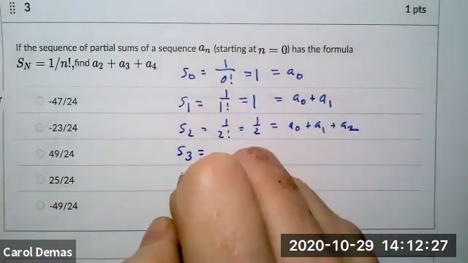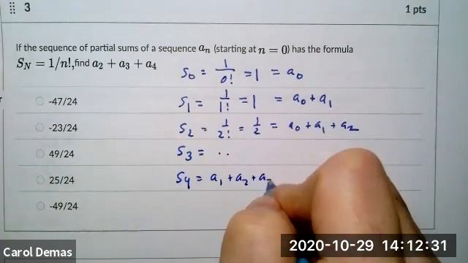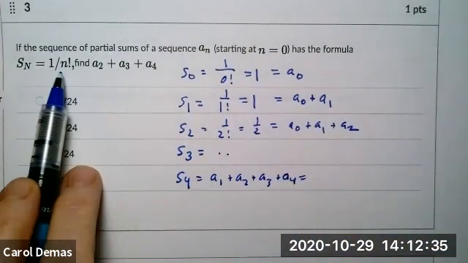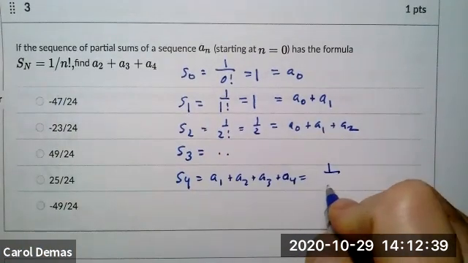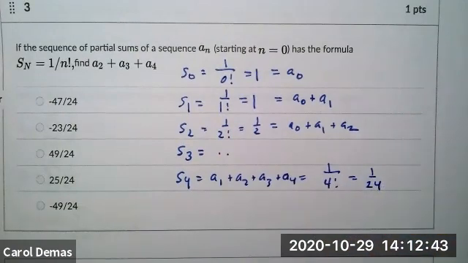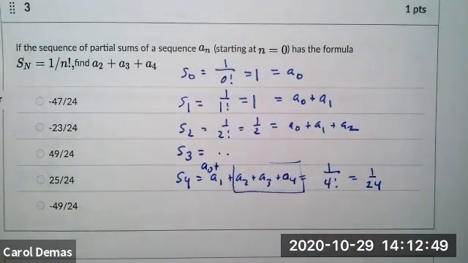So let's go to S sub 4. That's going to be a0 plus a1 plus a2 plus a3 plus a4. And the formula for that one, we'll just stick in 4 for n factorial. That's 1 over 24. Okay, we just want a2 plus a3. Oh, that's also a0 is included here.